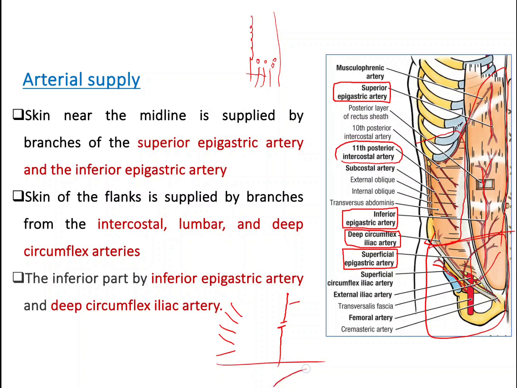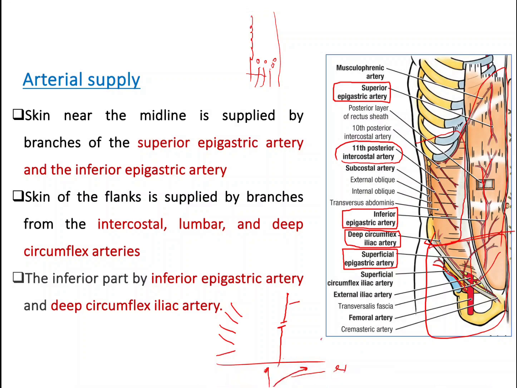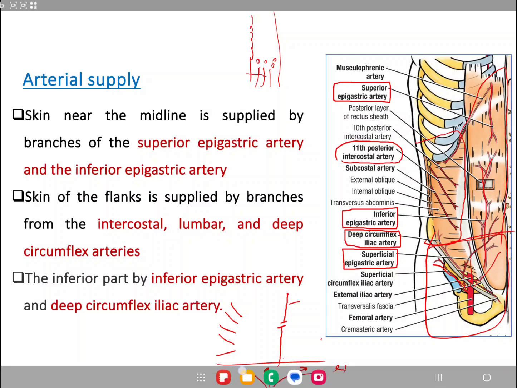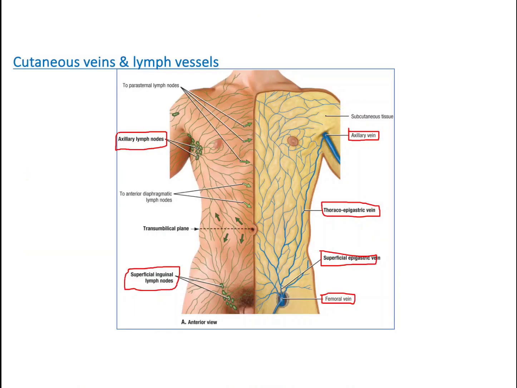One going medially is the superficial external pudendal, the one going upwards is the superficial epigastric, and the one going laterally is the superficial circumflex iliac. So these are the main cutaneous blood vessels which supply the anterior abdomen.